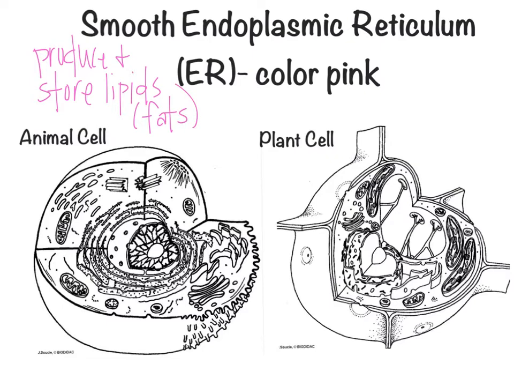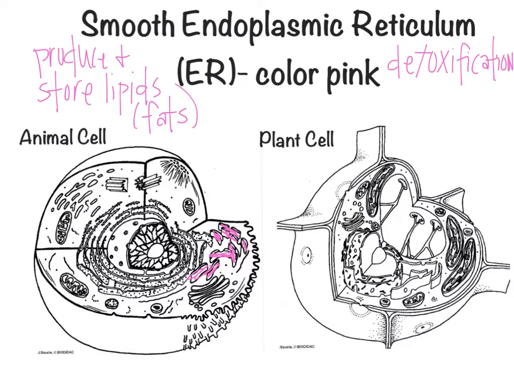And then it's also going to be involved with detoxification. So that's kind of cleaning stuff out, especially with drugs, alcohol, that kind of stuff. So we're going to shade that in pink. It comes right off your rough ER. If we're looking at the animal cell, it would be all of this.